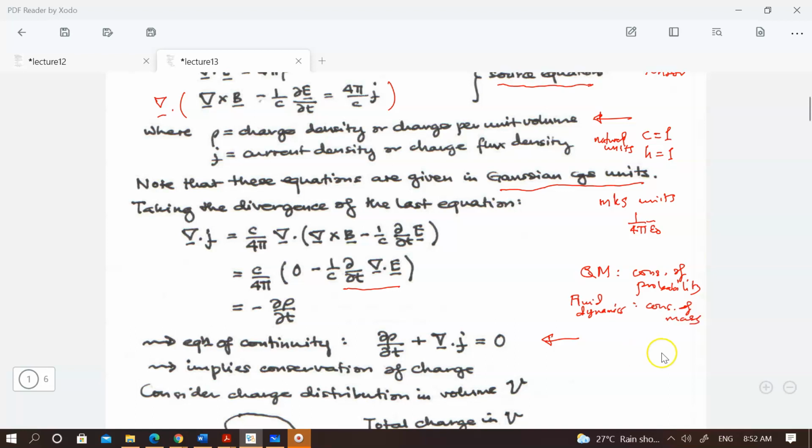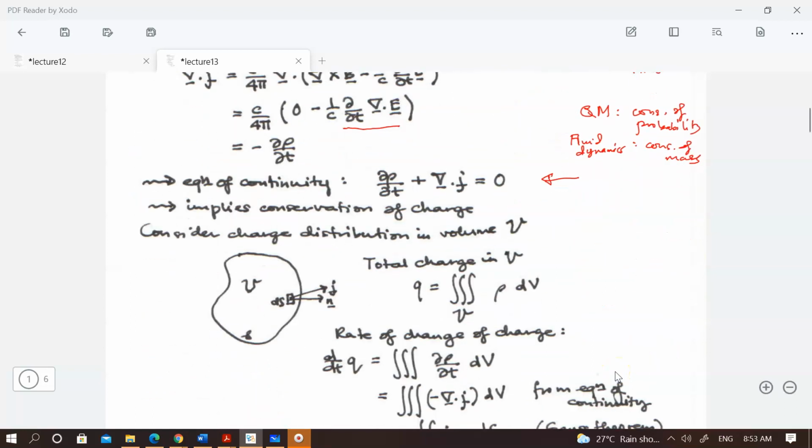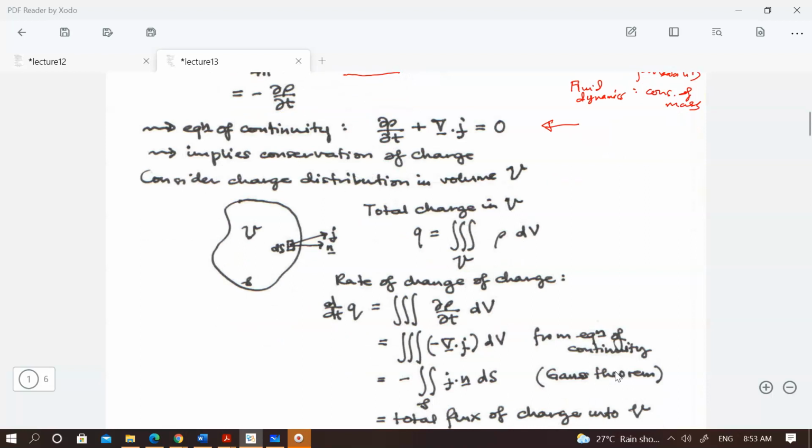So how can we actually understand this? It's actually the following. The charge inside a particular volume, say volume V here, can be given in terms of a triple integral over the volume of the charge density with respect to the volume element. So here is a volume element. How do you describe the rate of change of charge? By just operating this with a time derivative.